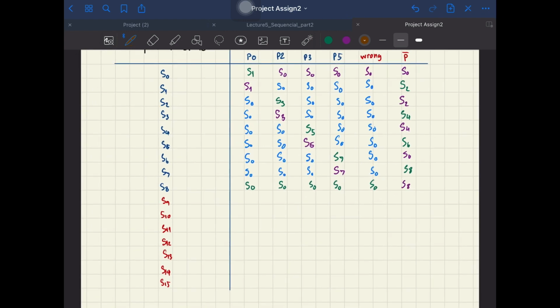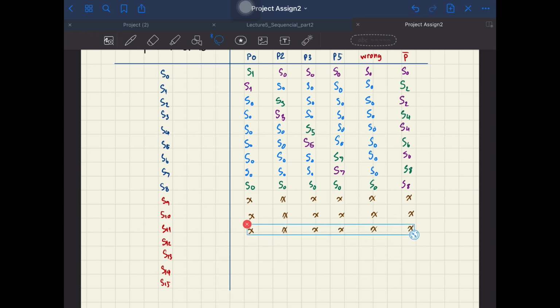So I will represent it as X, don't care term. So I will copy it for faster. Because it is a don't care term, we just put X on it.